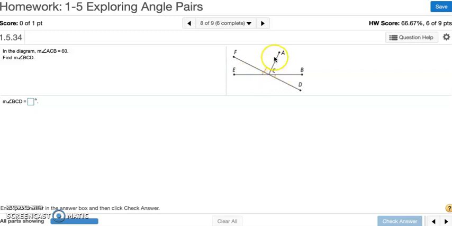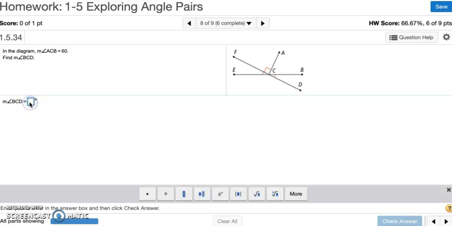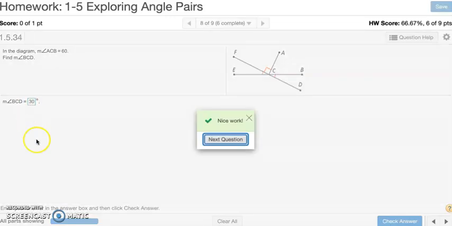So if this one is 60 and this one is 90, I have to add these two up and subtract from 180 because all three of these angles form a straight line. So let's do 90 plus 60 minus 180. 90 plus 60 is 150, minus 180 is going to be 30. So the measure of your angle is going to be 30 degrees, and that's number 8.